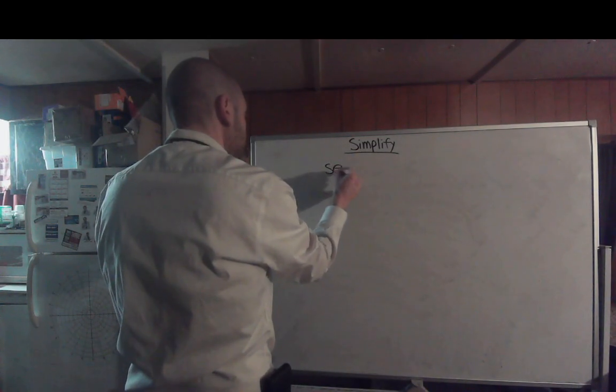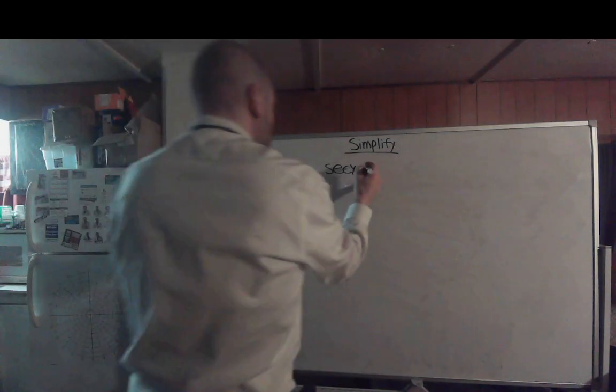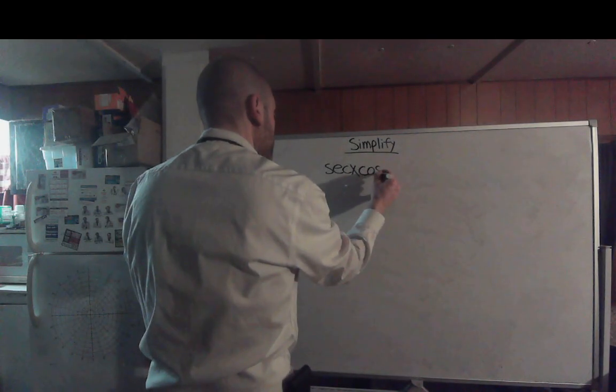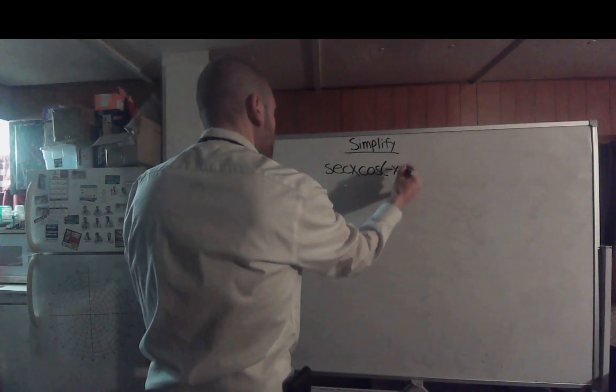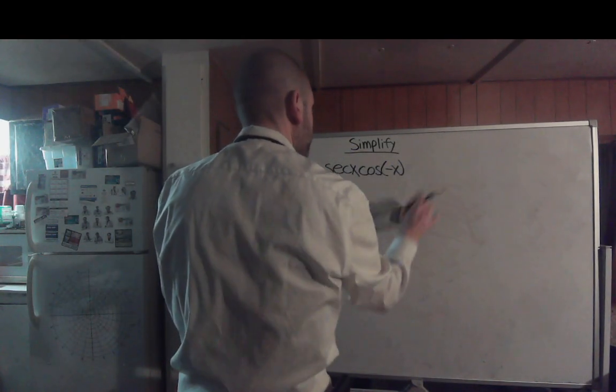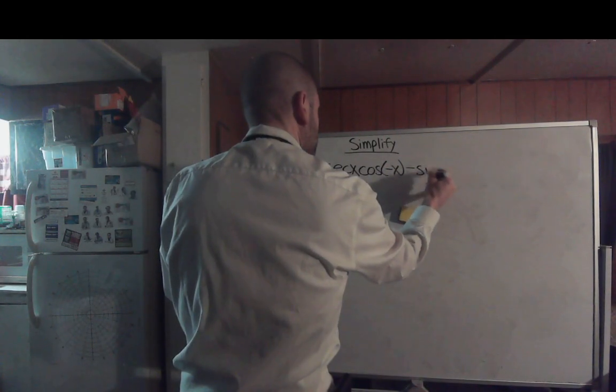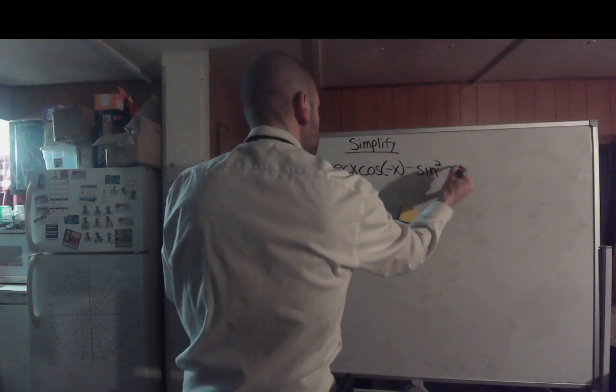Alright, let's see. Secant of x, cosine of negative x, whoops, not equals, but minus sine squared of x.